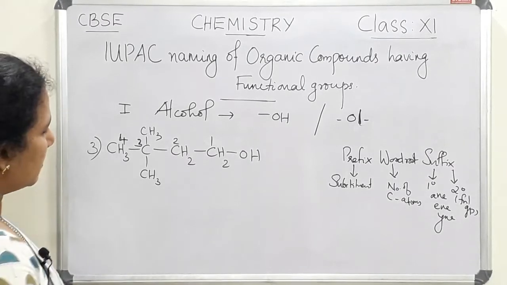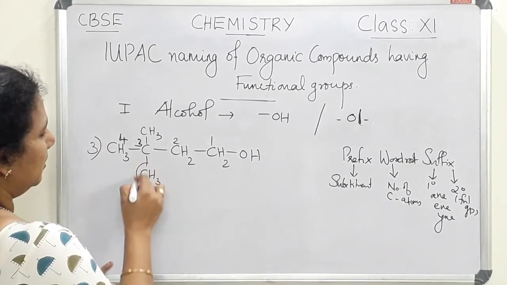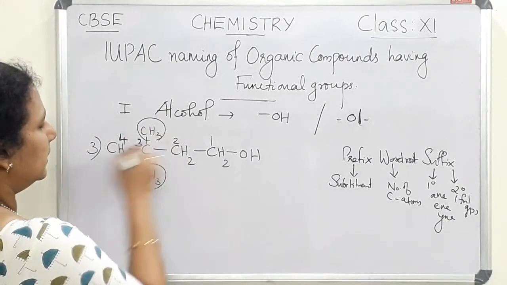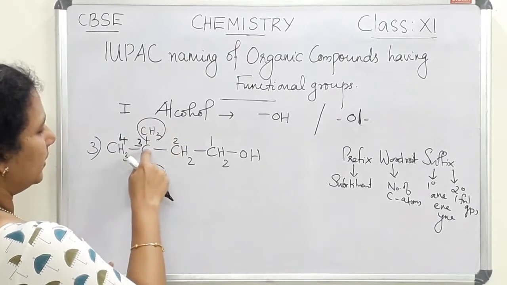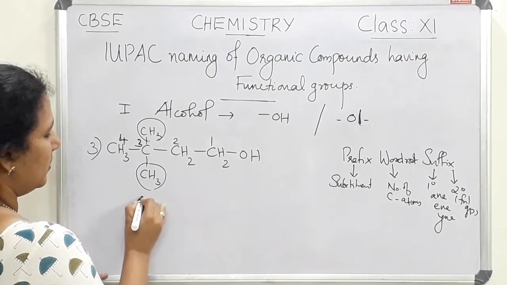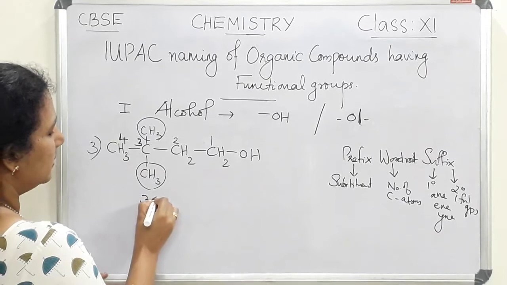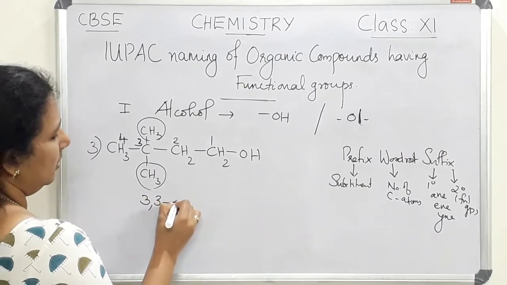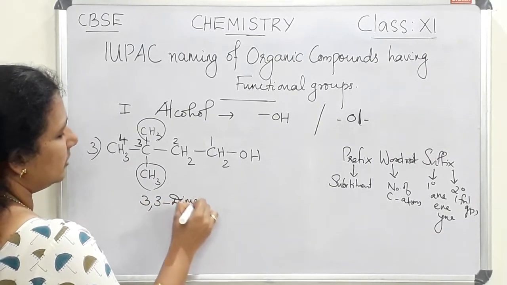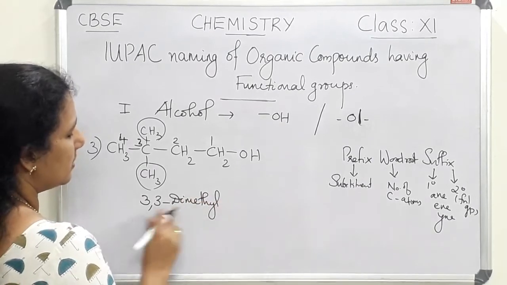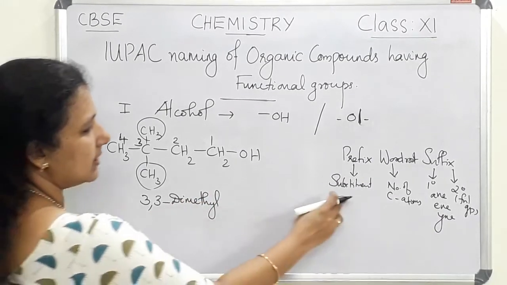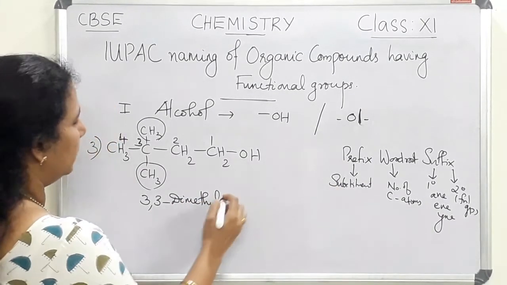And we can name this compound. First of all, we have to write the prefix. Here there are two substituents in the third position, so we add the numbers 3,3-dimethyl. Two methyl groups are there, so it is 3,3-dimethyl. That is the prefix part. Then comes the word root.